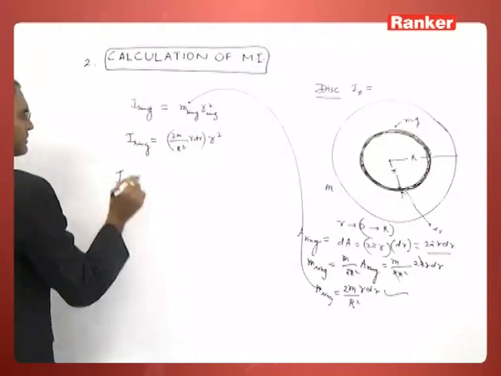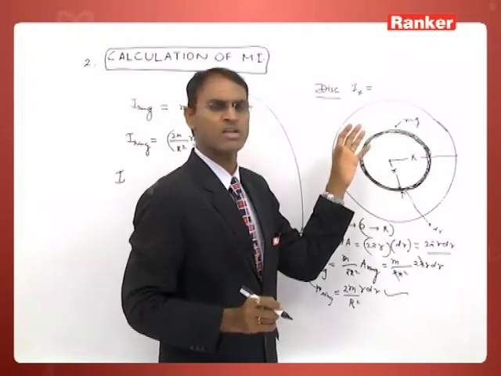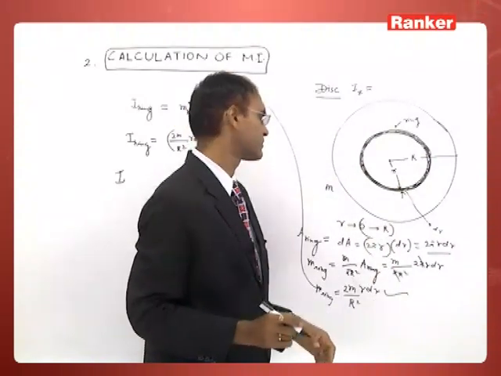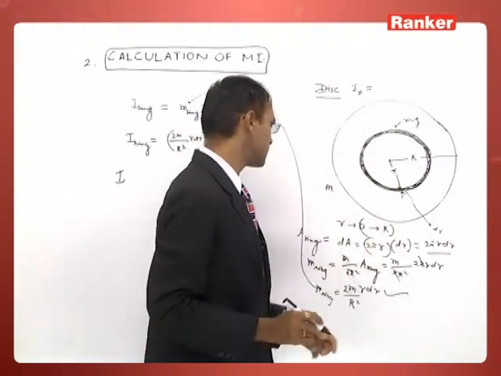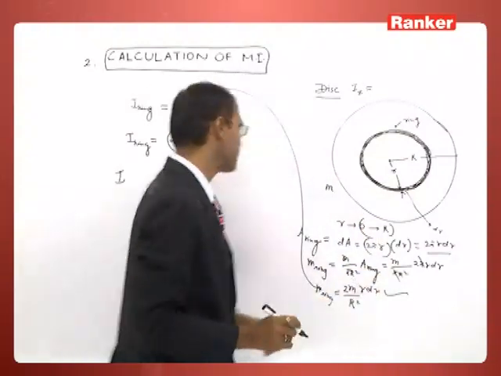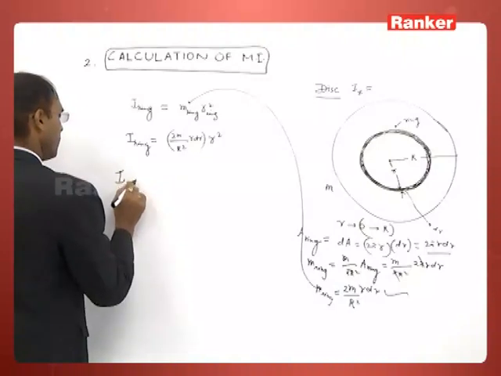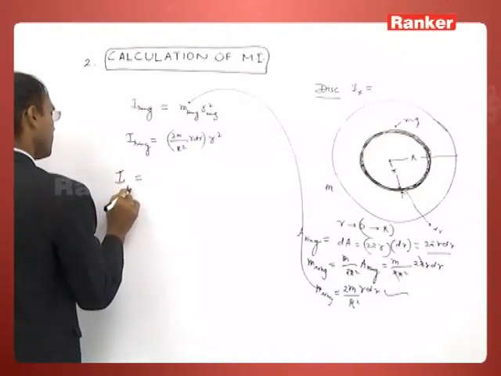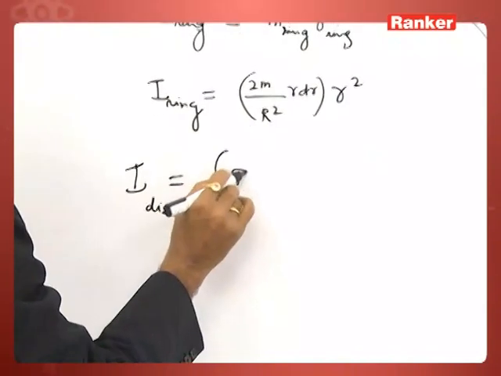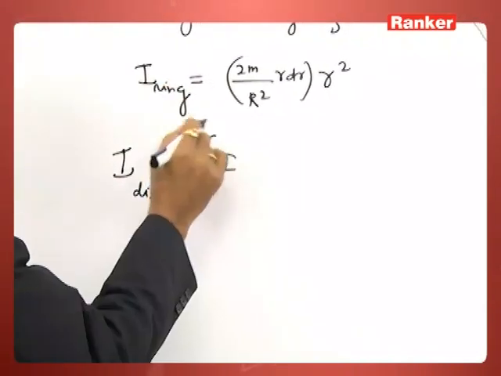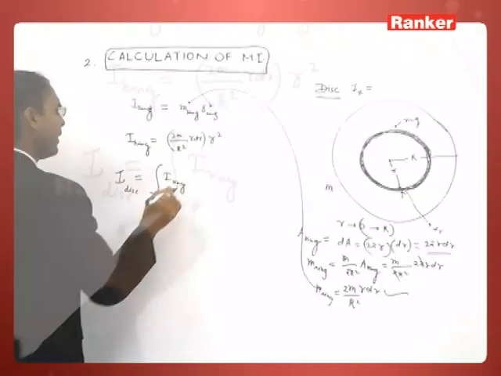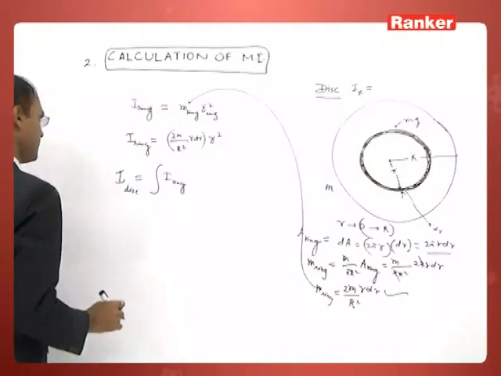Since a disk is the combination of so many concentric rings whose radius ranges from 0 to the radius of the disk, we can write the moment of inertia of the disk as the sum of, or integration of, the moment of inertia of all rings.